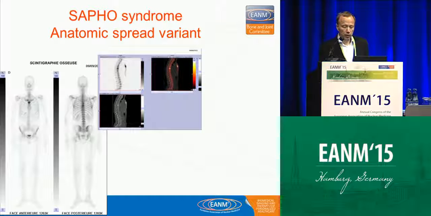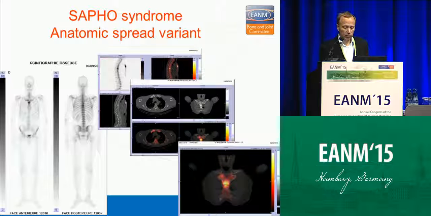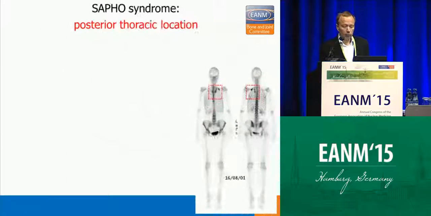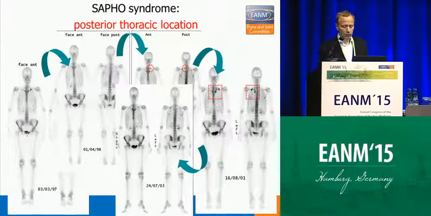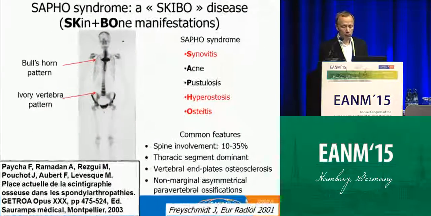So you must be very cautious about some minimal variants, about thoracic anterior parietal localization. You must also be cautious about the posterior thoracic locations here, but always the same pattern, with a very regional extensive pattern by patches all over the skeleton on a protracted course.